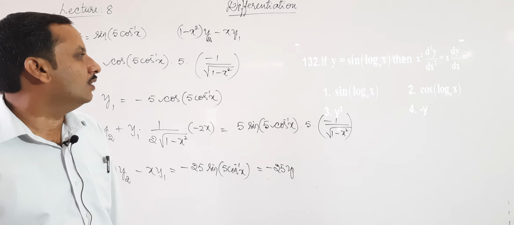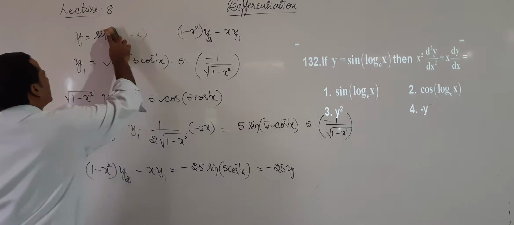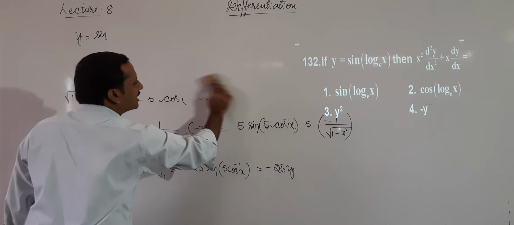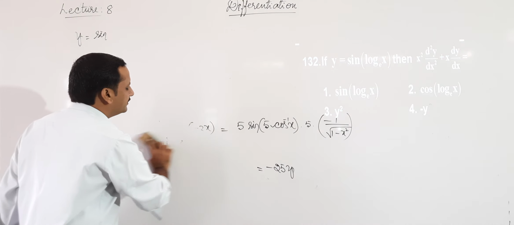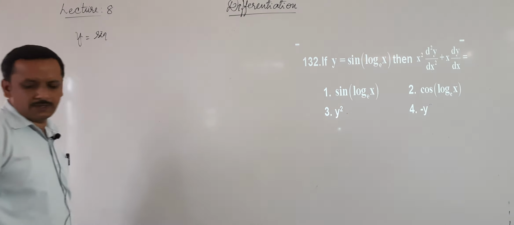Then 132. If y is equal to sin log x, then x square d square y by dx square plus x dy by dx is equal to.